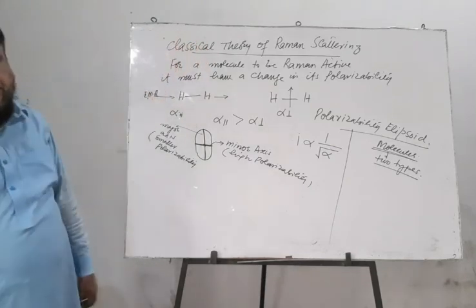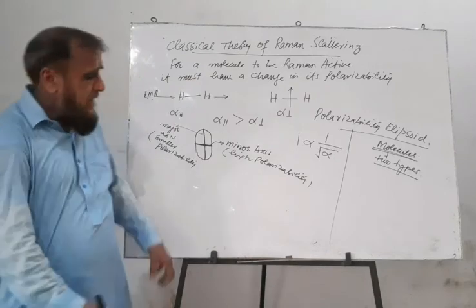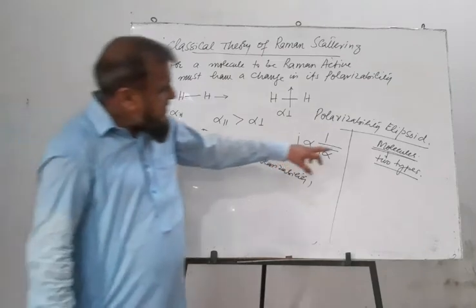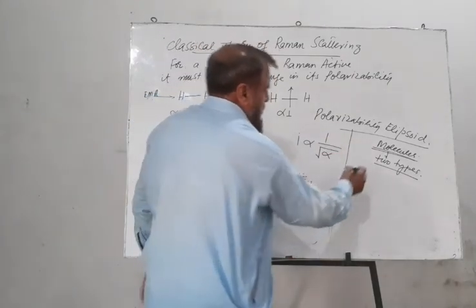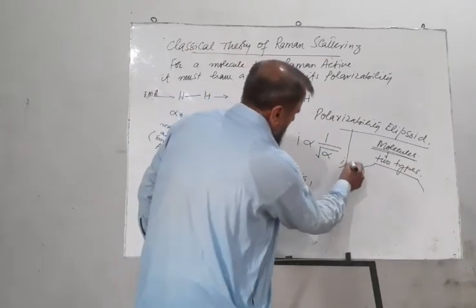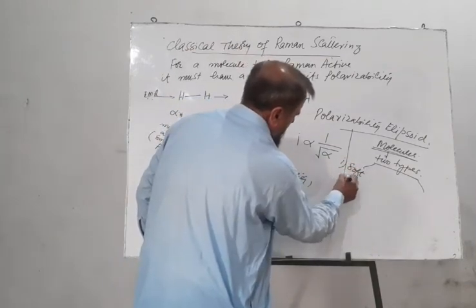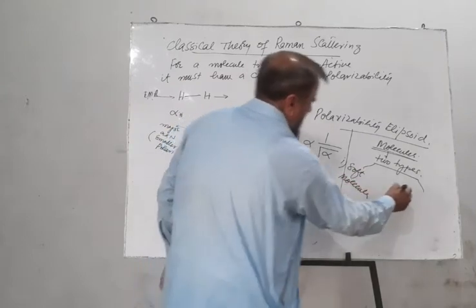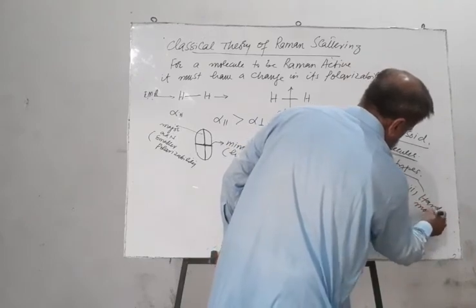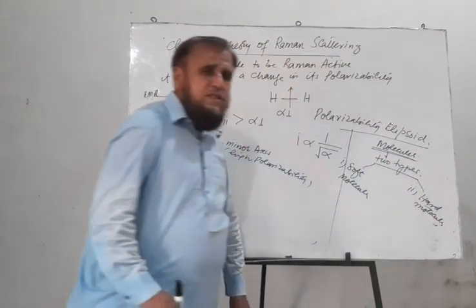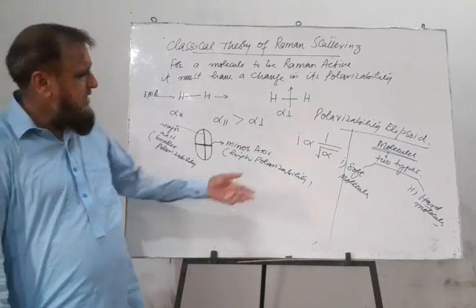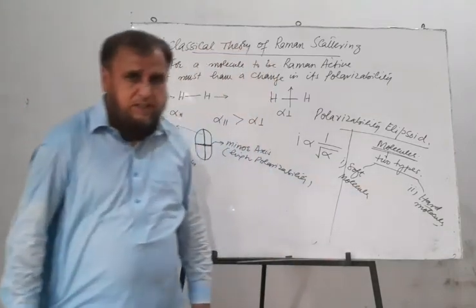A big ellipsoid represents low polarizability, and a small ellipsoid represents high polarizability. Now, on the basis of polarizability, molecules may be divided into two types: soft molecules and hard molecules.